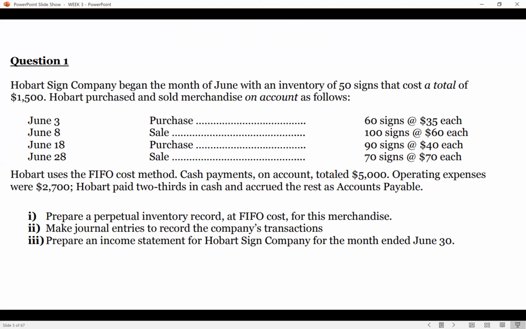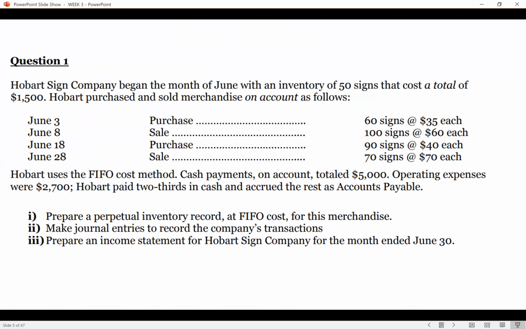So today's question says, Hobart Sign Company began the month of June with an inventory of 50 signs that cost a total of $1,500. His purchases and sales on account were as follows. Two important things in this opening sentence that I want us to pay attention to.